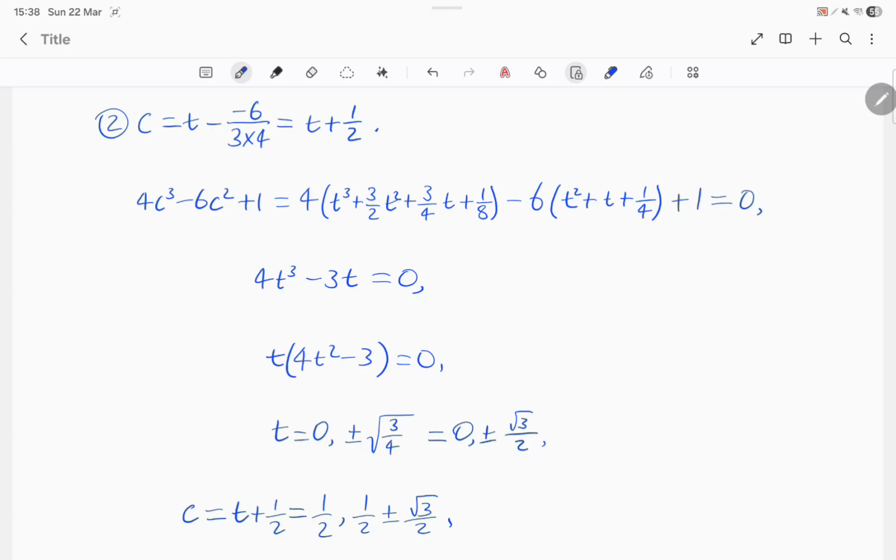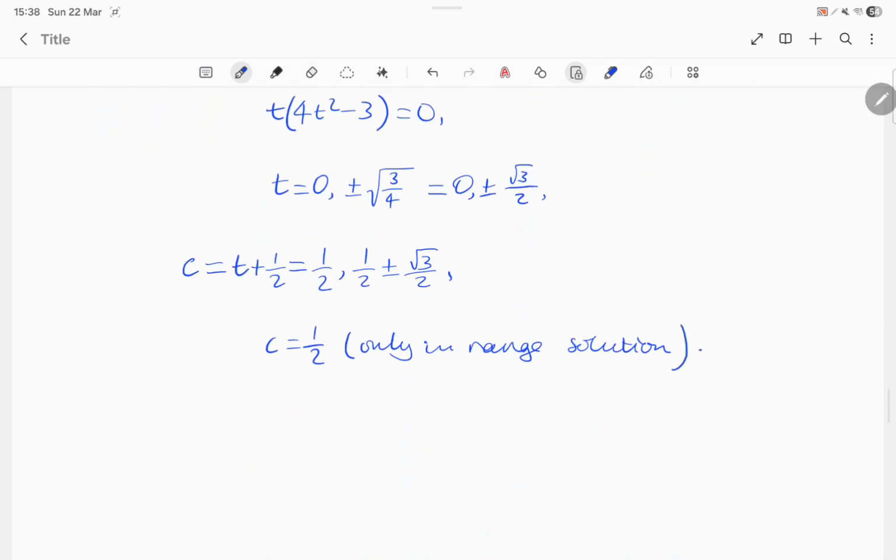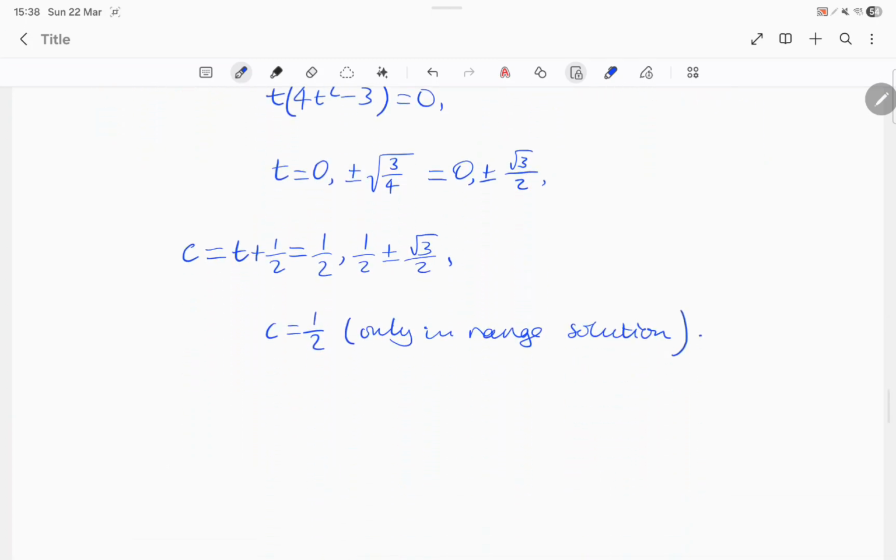We can then use c is equal to t plus 1/2 to give that c is equal to 1/2 or 1/2 plus minus root 3 over 2, and from here we have that c is equal to 1/2, as this is, once again, the only in-range solution.